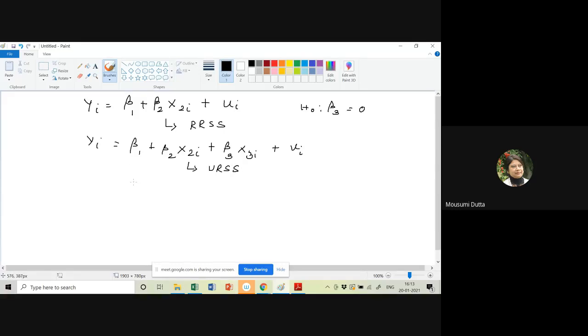Okay, now what is the gap between URSS and RRSS? If I consider the partial correlation coefficient is given by, say, R3 square. In general, we have defined it as Rj square. So for third explanatory variable, the partial correlation coefficient can be considered as R3 square.